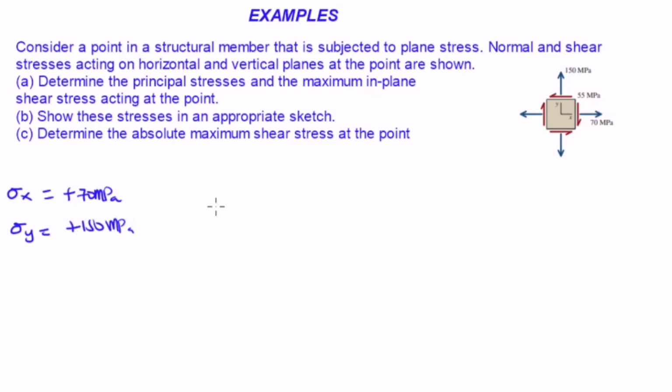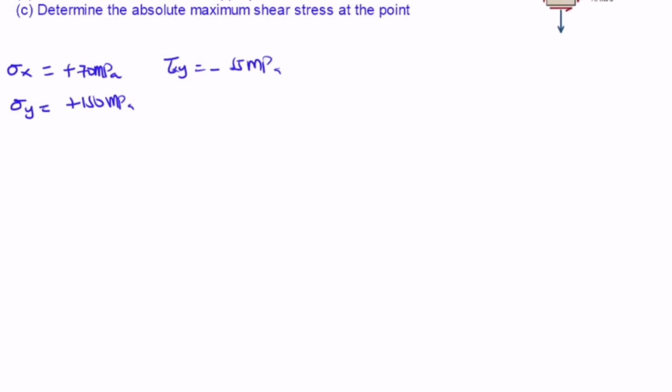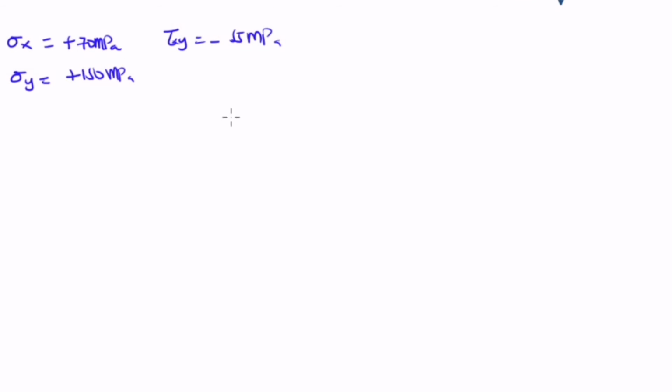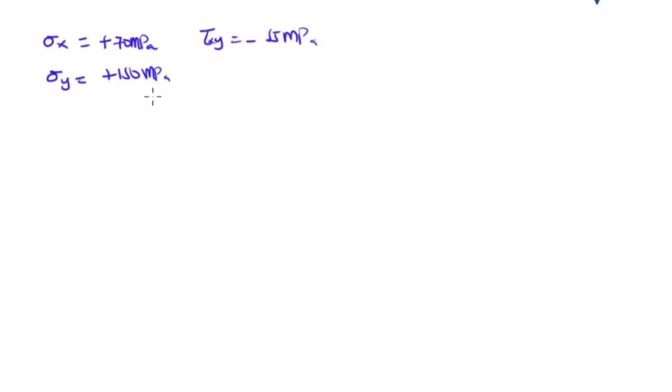Then we go to our shear stress in x and y direction. And that one is always negative 55 megapascal. So we need this information from this rotated element to continue to generate the stress transformation equation. So these are the 3 things we need, and 3 important things, because when you miss any of this, that means that your solution is wrong.